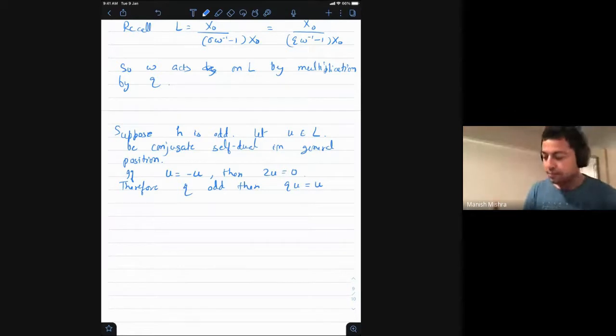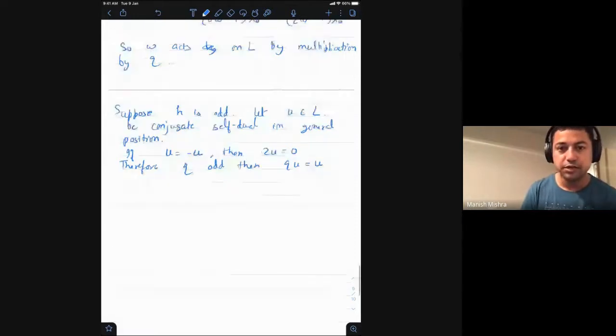But then u is not in general position, because the action of the Weil group is stabilizing u, and therefore u is not in general position.